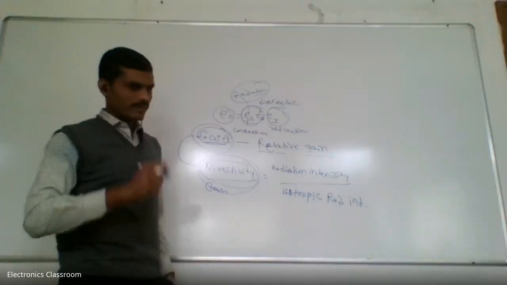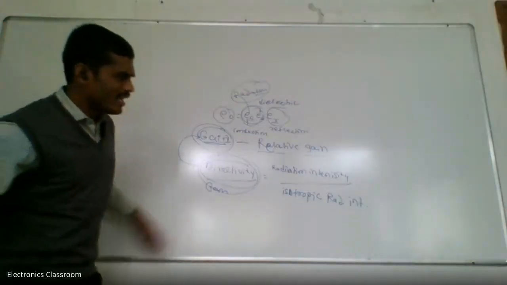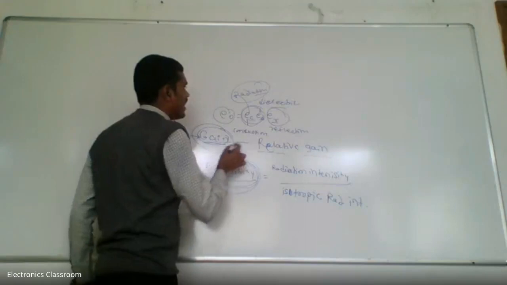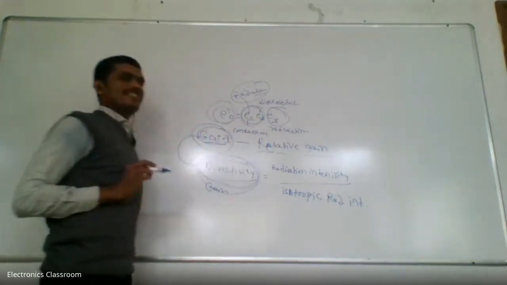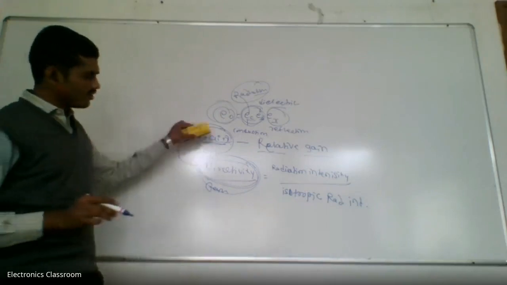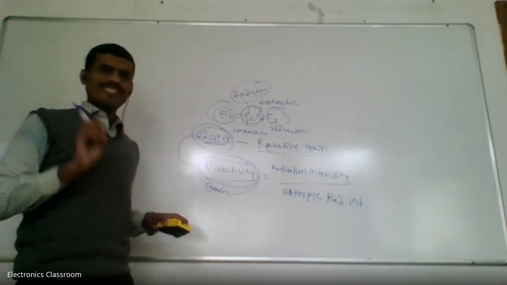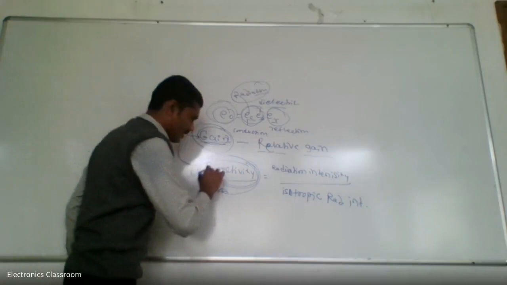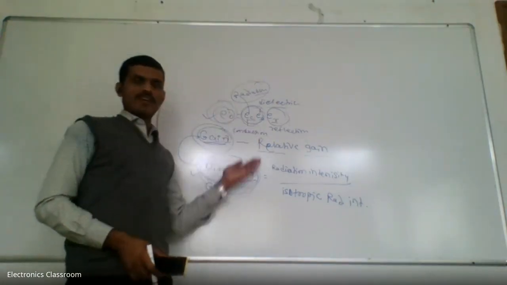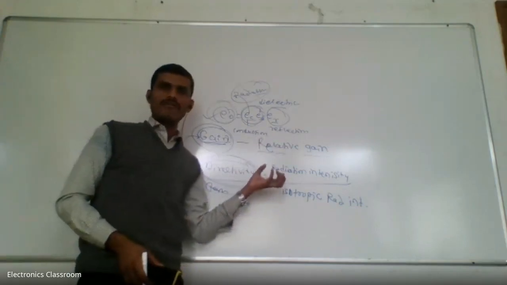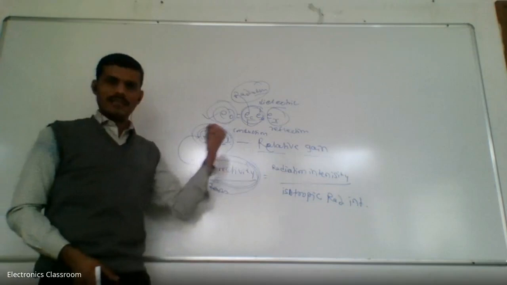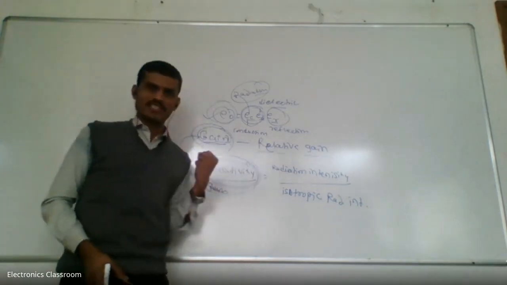Now your gain is totally related to the directivity and the efficiency of the antenna. So before going to the gain, all of you must know what the directivity is and what the efficiency is. Efficiency of the antenna is the product of different efficiencies like conduction efficiency, reflection efficiency, and dielectric efficiency.